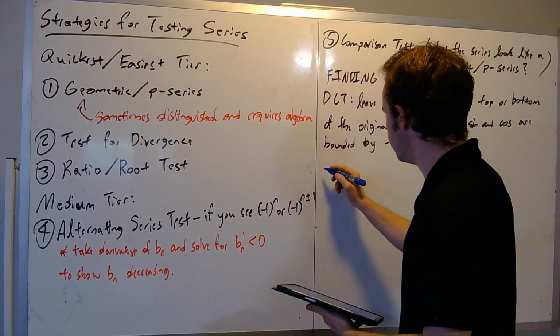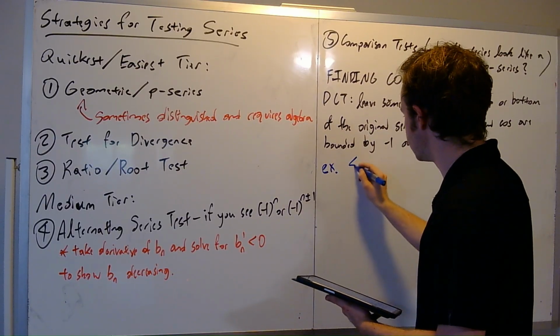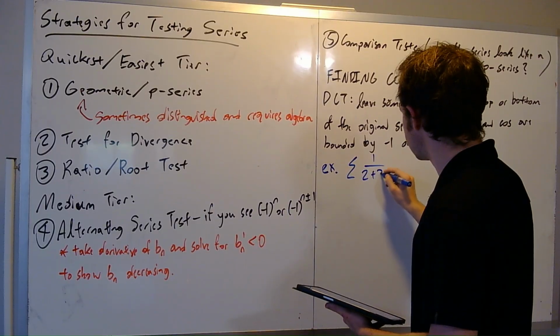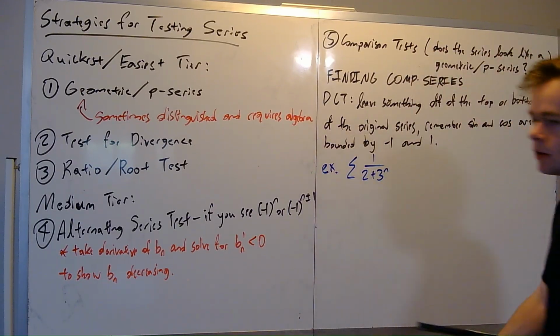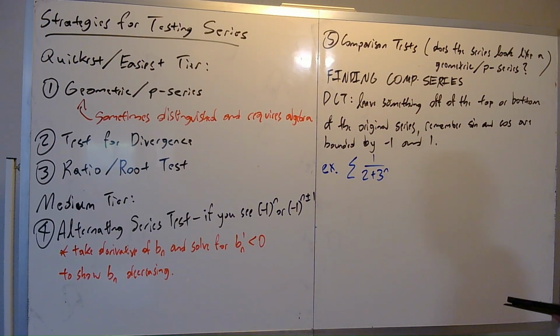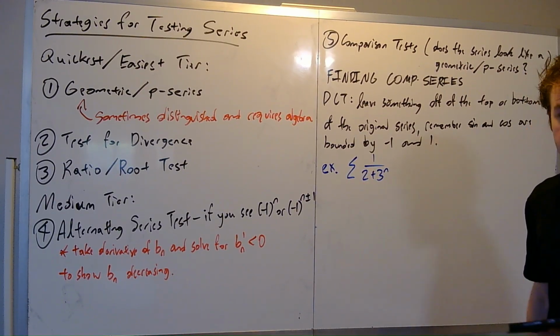Okay, so let's just draw some examples of what this looks like. So, example, let's say we have the sum of 1 over 2 plus 3 to the power of n. And we're trying to get this to look like either a geometric or a p-series. Well, notice if we got rid of this plus 2, well, what would actually happen?